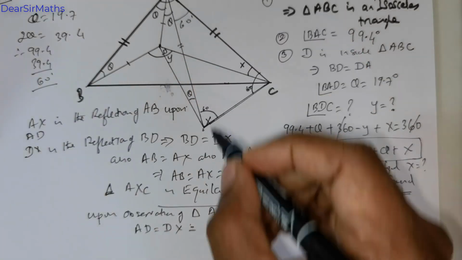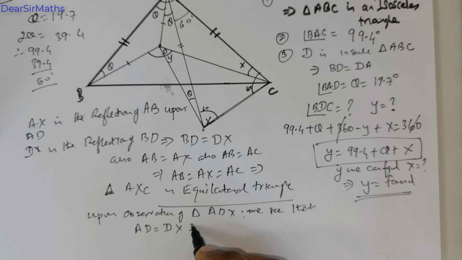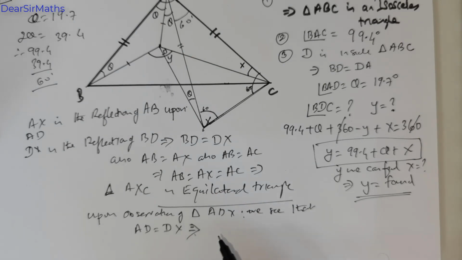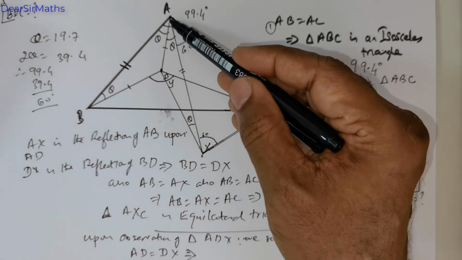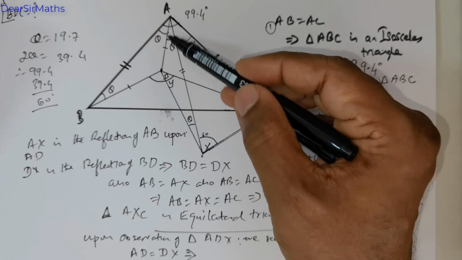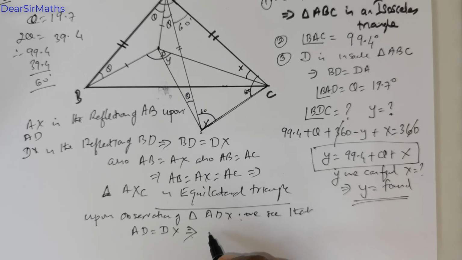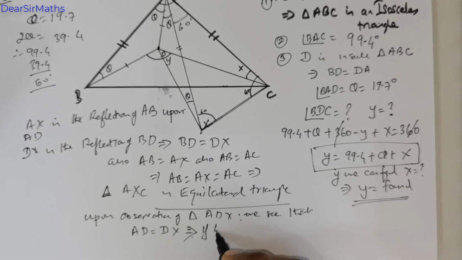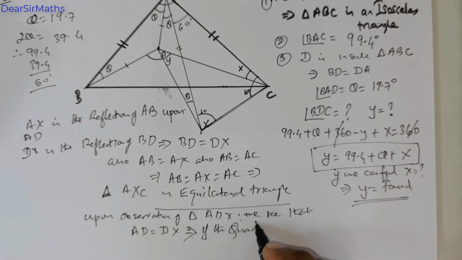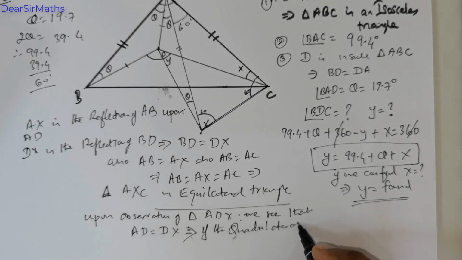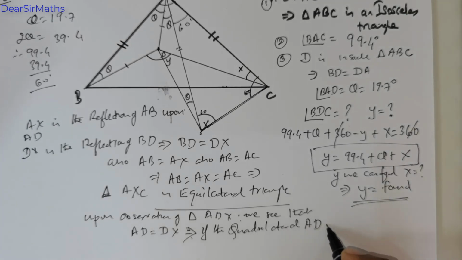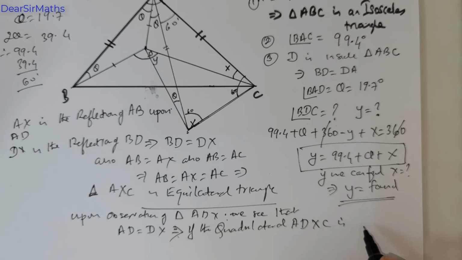So this would mean, if I were to consider the quadrilateral ADXC, what do you see there?